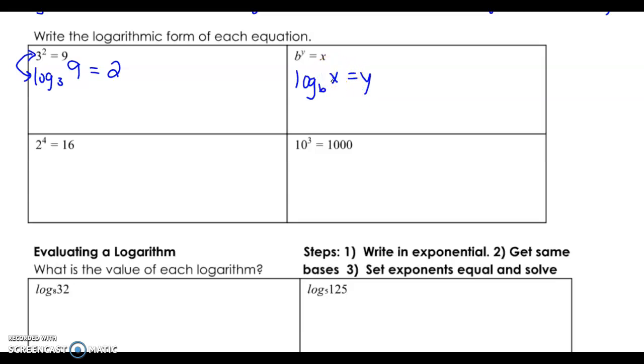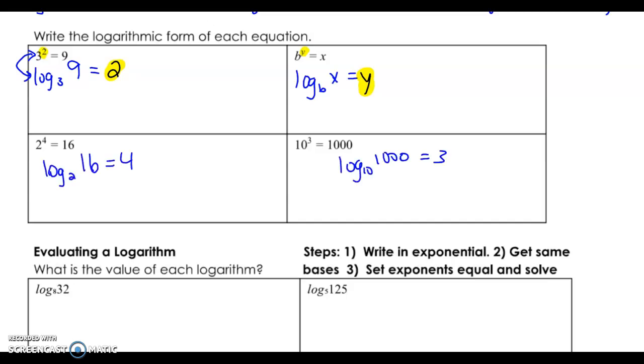Remember, a logarithm asks what's the exponent. So your answer is always going to be that exponent. For example, in this one, your exponent was y. That's going to be the answer when I make it logarithmic. The exponent was 2. There's the answer in the logarithmic form. Just like that video said, a logarithm asks what's the exponent. Go ahead and pause the video.